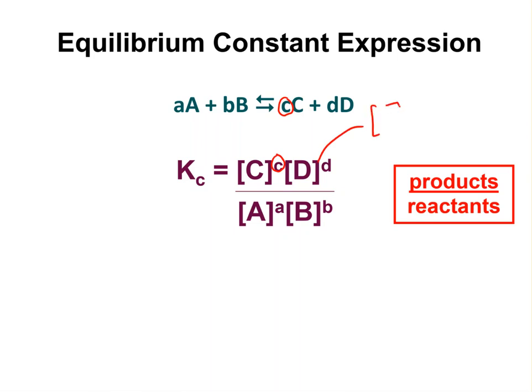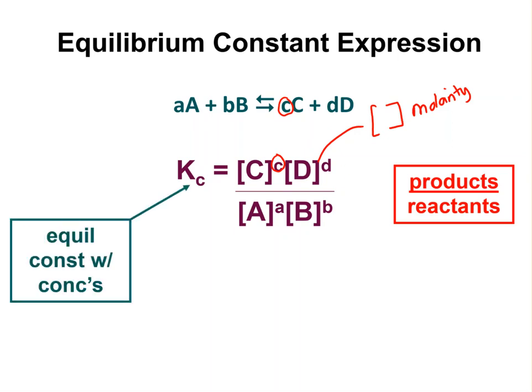The brackets mean molarity, so I'm talking about their concentrations. The concentration of C raised to the power of its coefficient times the concentration of D raised to its coefficient. So it is products over reactants set up like that. This C stands for concentration.